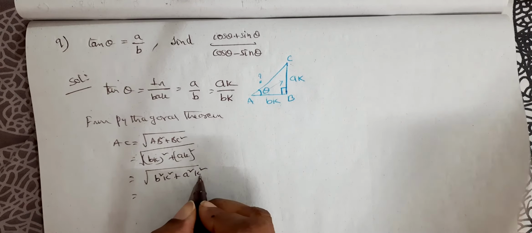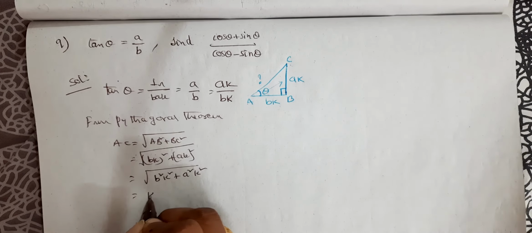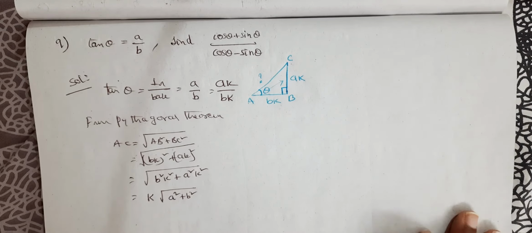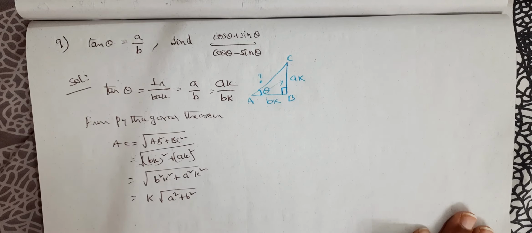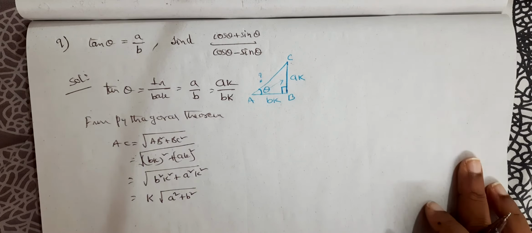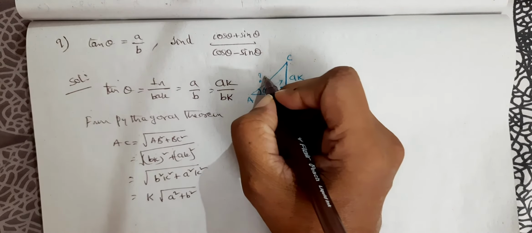So taking K square common and then bringing it out, it will become K times of B square plus A square, and for convenience I am writing it as just A square plus B square. Now don't get confused here. We got it to be B square plus A square, but commutative law holds good, so therefore we can write it like that.